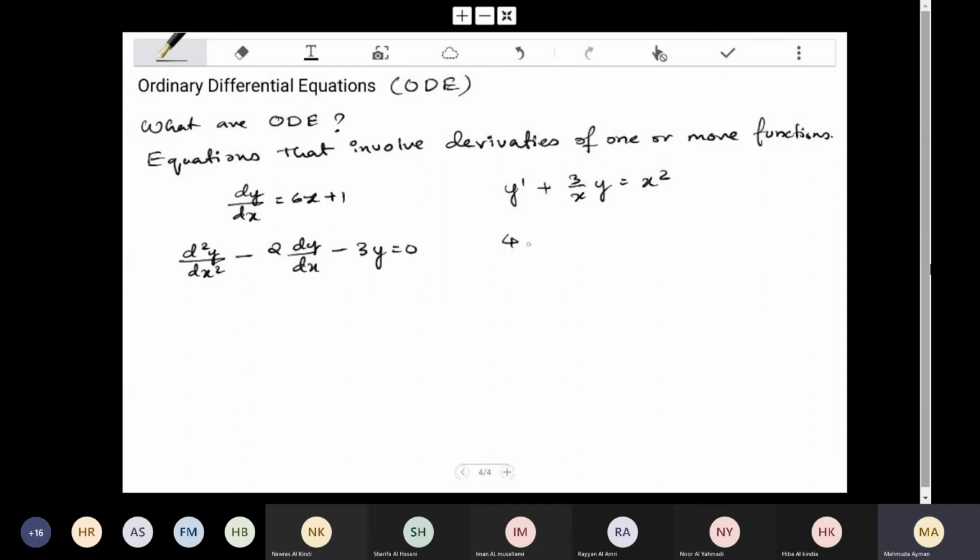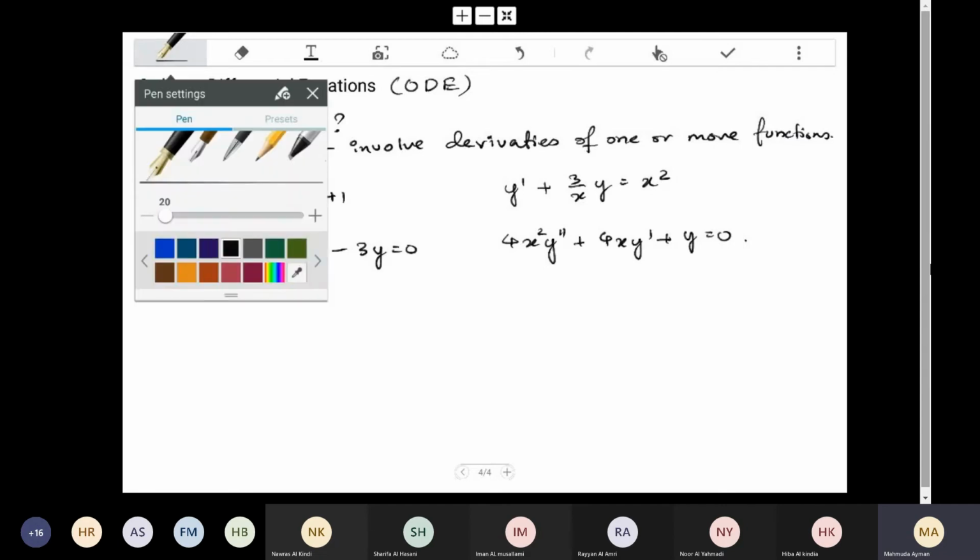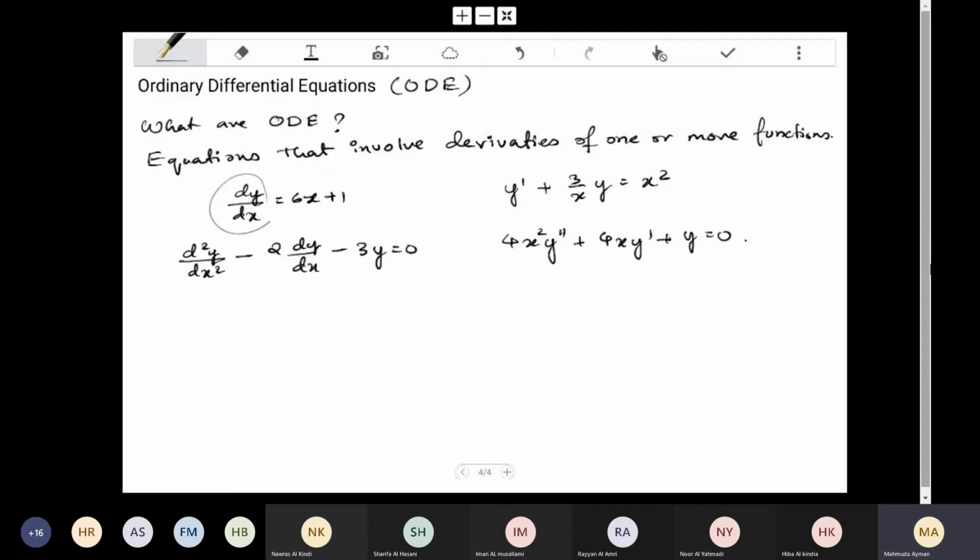Also, we could have equations like 4x squared y double prime plus 4x y prime plus y is equal to 0. So these are some examples I've given to you, and this one is a first order derivative.